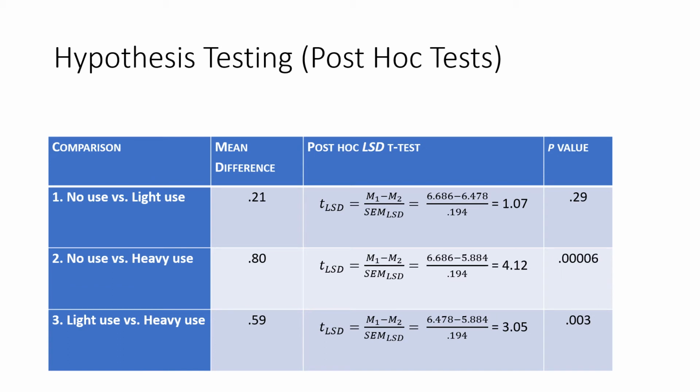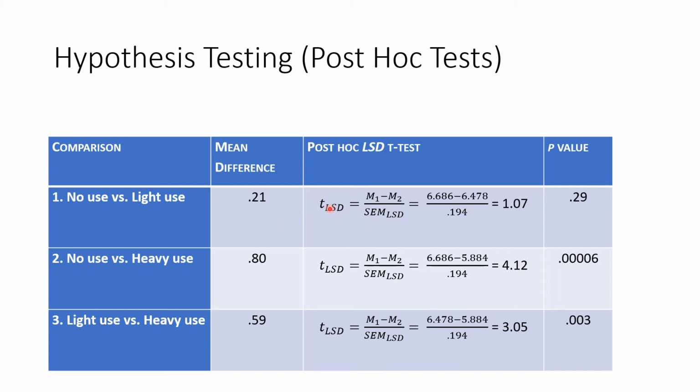Now, because in this case we're just having 3 groups, we just have 3 comparisons, we can get by with using Fisher's LSD. So for the first comparison, we're going to find the mean difference between those who use no social media for a week versus those who use light. They differed by 0.2 of an hour in sleep per night.